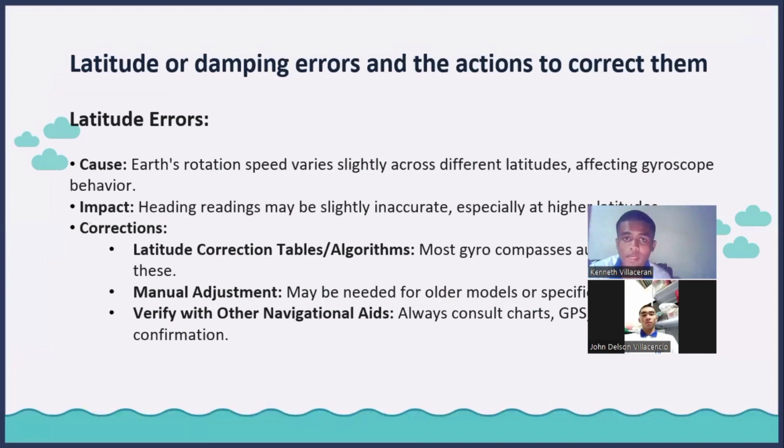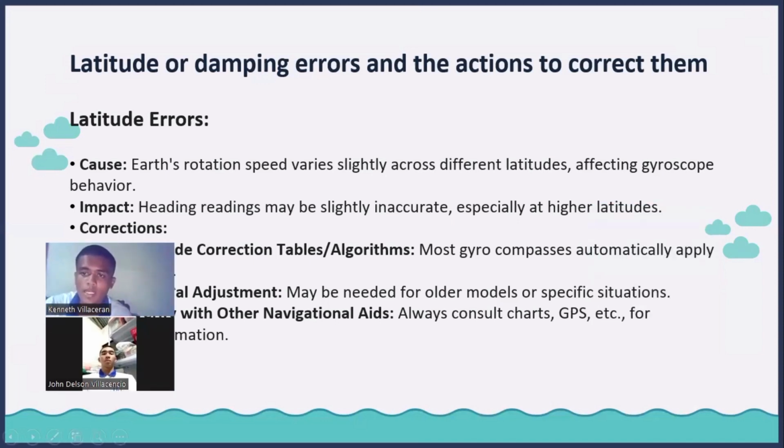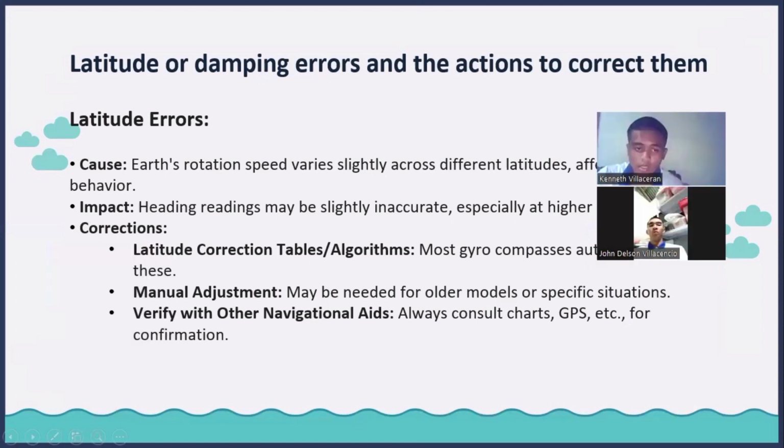Latitude or damping errors and the actions to correct them. Latitude errors. The cause: Earth's rotation speed varies slightly across different latitudes, affecting gyroscope behavior. The impact: heading readings may be slightly inaccurate, especially at higher latitudes.